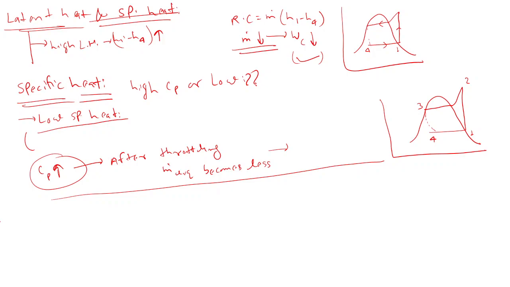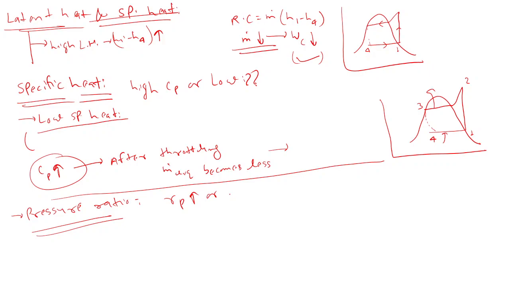Next is the pressure ratio. What pressure ratio means is at what pressure the condenser will work and at what pressure the evaporator will work. So do you want higher pressure ratio or lower? RP would be high or low?